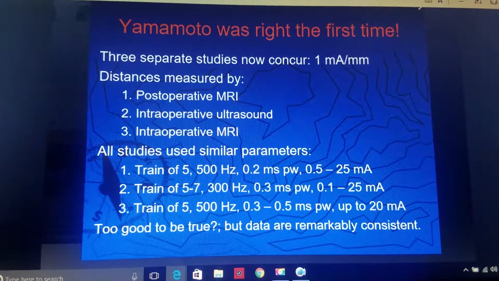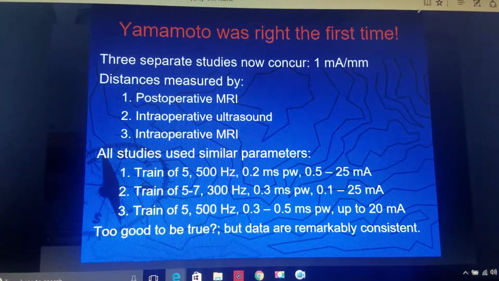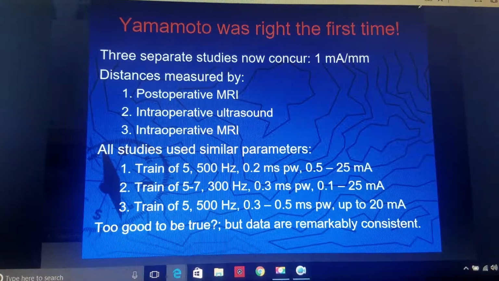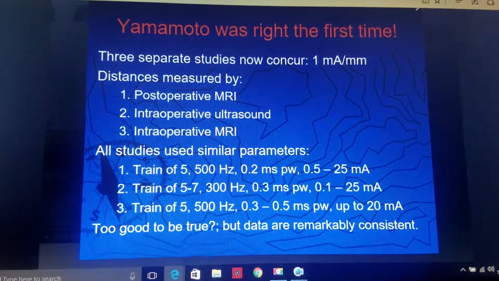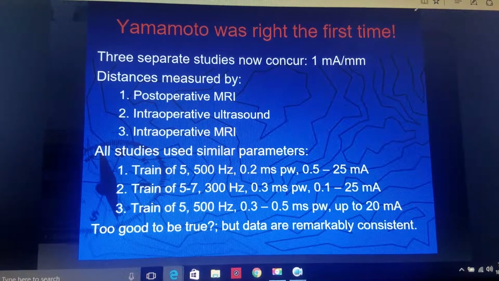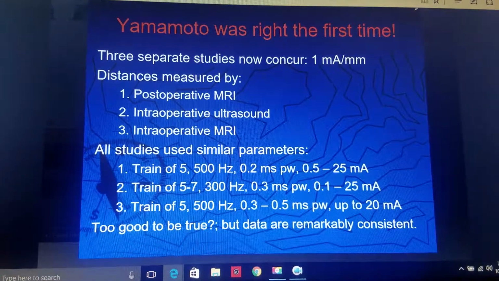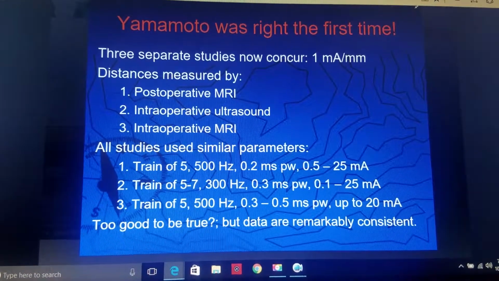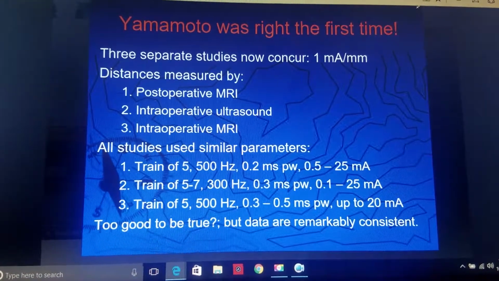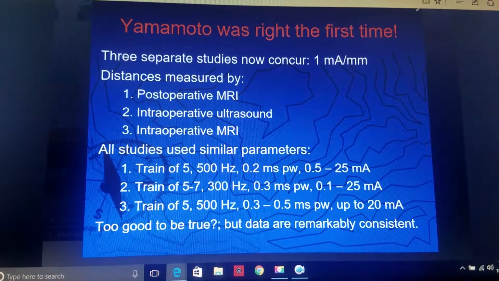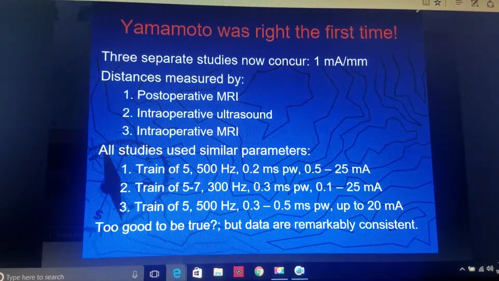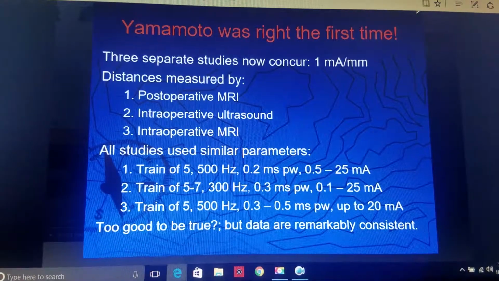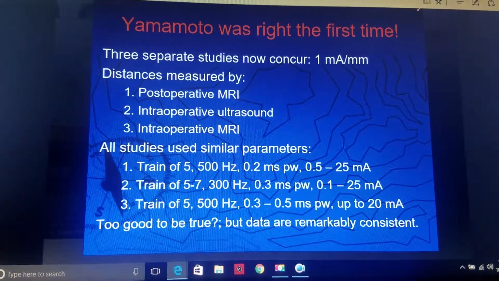So there are 3 different studies using 3 different methods for correcting the distance: postoperative MRI, intraoperative ultrasound, and neuronavigation. They all use similar parameters, a train of about 5 at 300 hertz, pulse widths in the 0.3 millisecond range, and going up to 25 milliampere. Almost too good to be true, but the data are remarkably consistent.